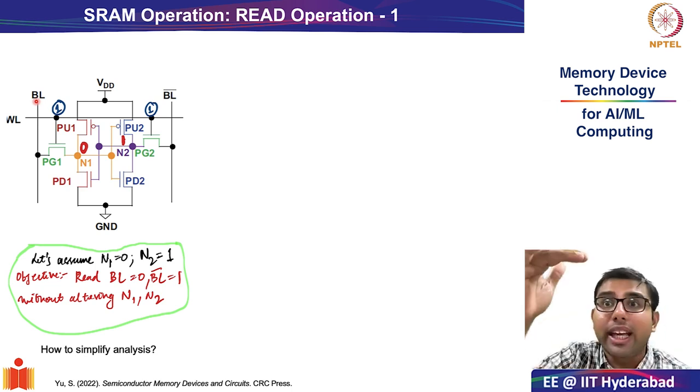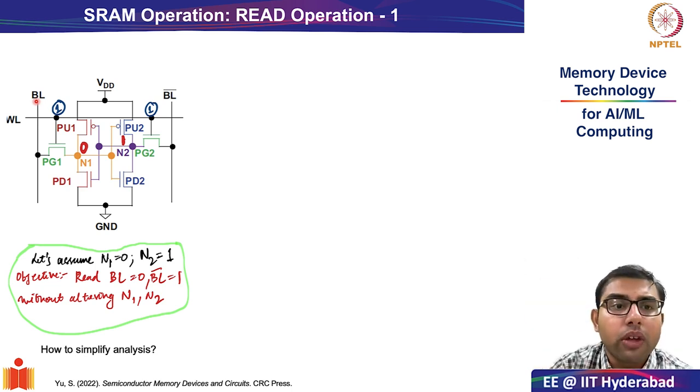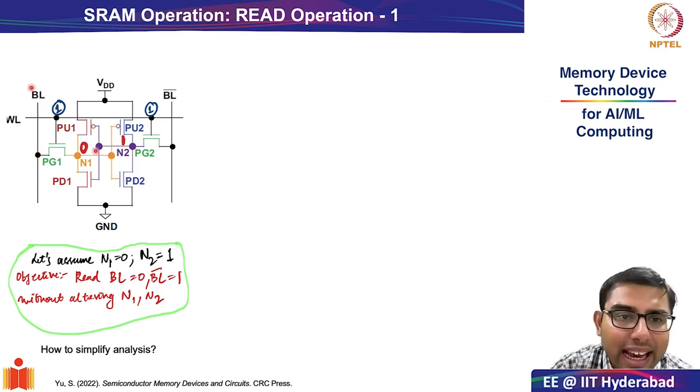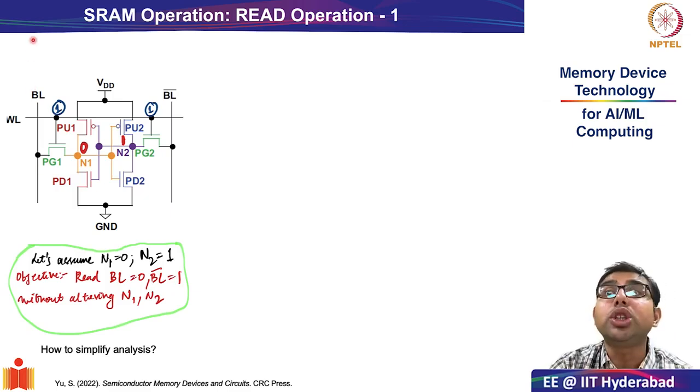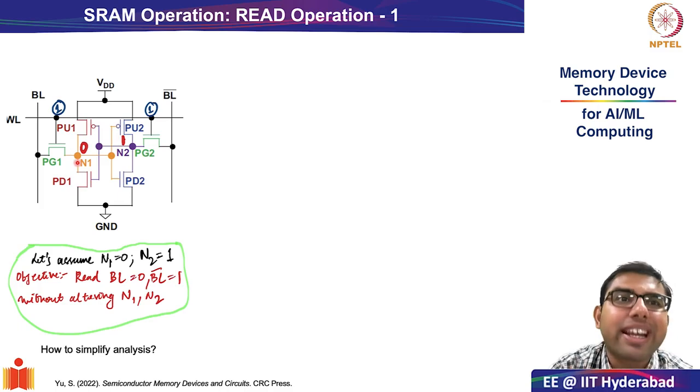Therefore, it is not possible that the entire value of node 1 will be reflected on the bitline. That will take a lot of time, because the capacitance of the bitline, CBL, will be much larger than the capacitance of this tiny individual SRAM cell. This is because the bitline is running across so many SRAM cells. This context is very important before we move ahead.